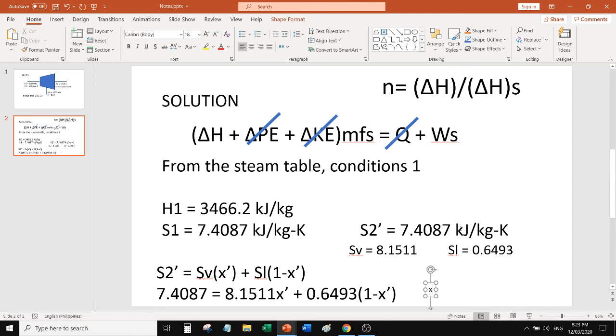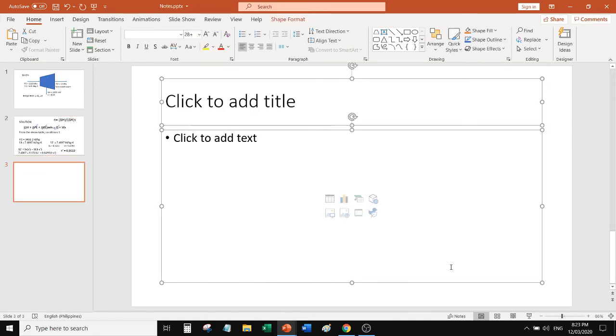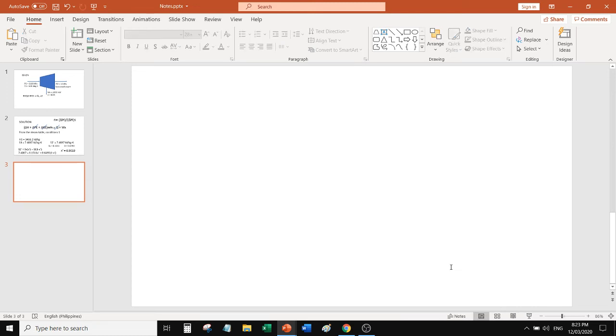And X prime is equal to, pag ginamitan mo ng calcu yan, 0.9010 yung quality niya if, very big if, isentropic expansion. Okay? So saan mo yan magagamit? Anong silbi niyan? Mamaya, magagamit din natin itong equation na yan.